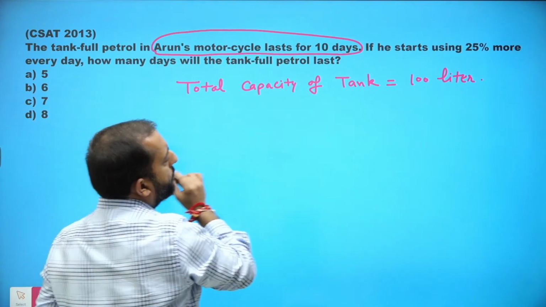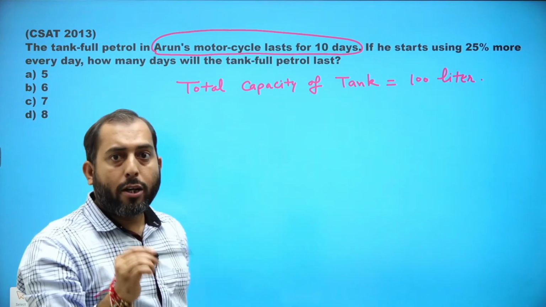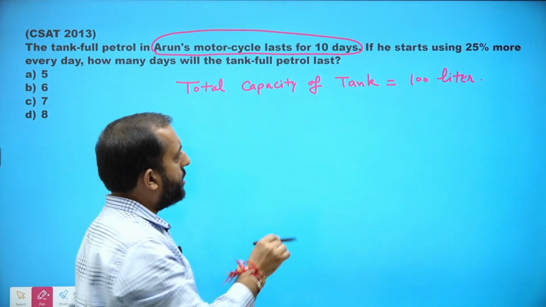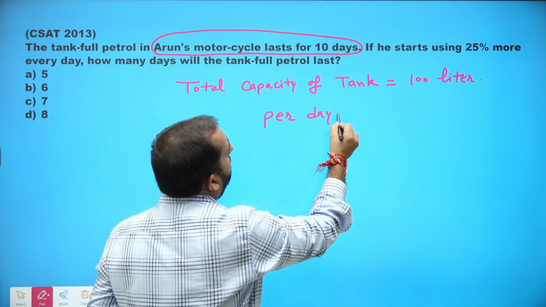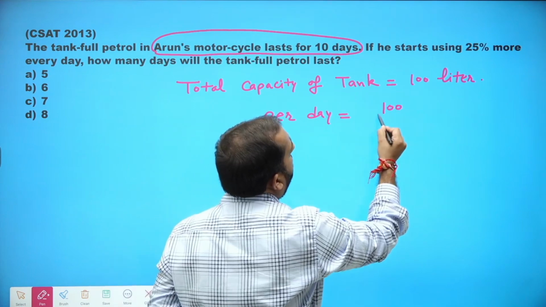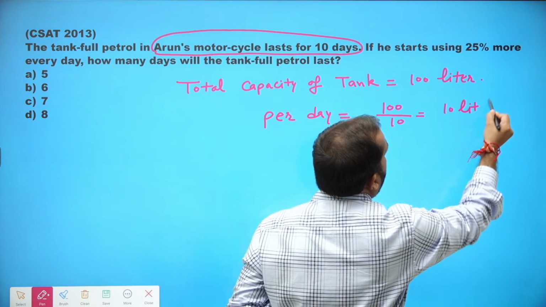For 10 days. So the amount of petrol that Arun is using per day should be 100 upon 10, that is 10 liters per day.